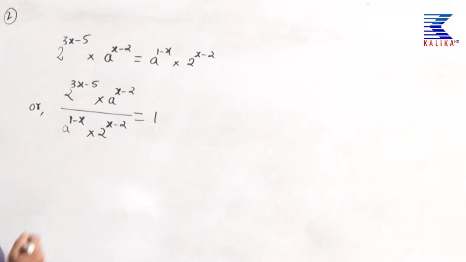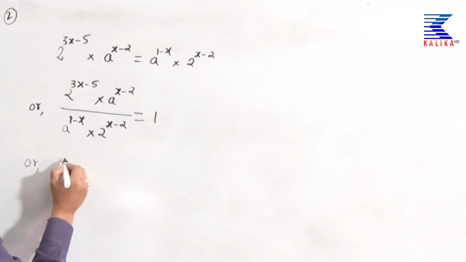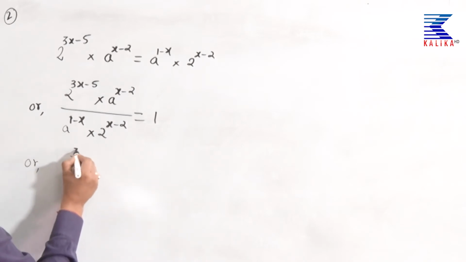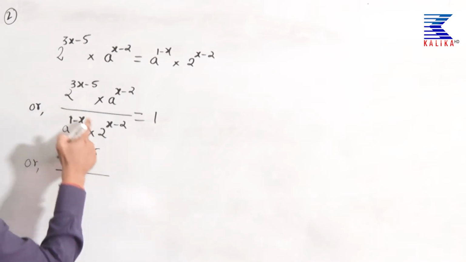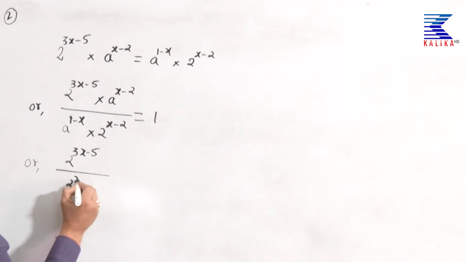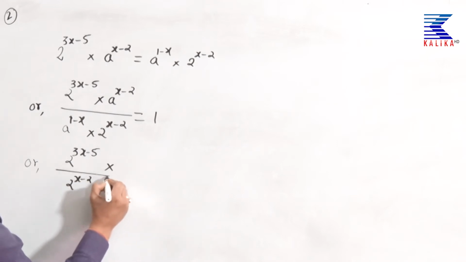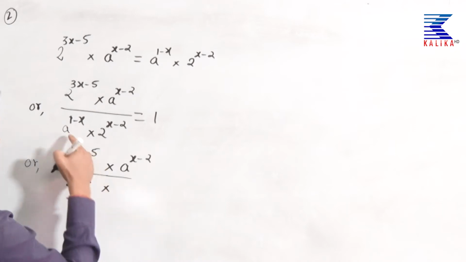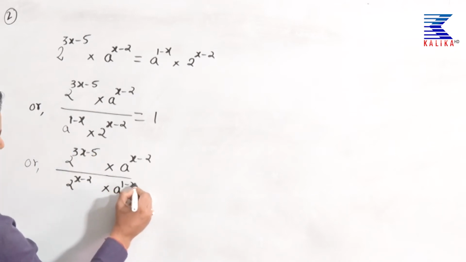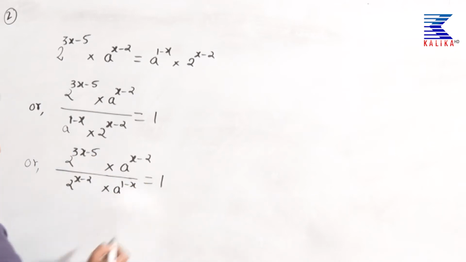So, now look, you have already learnt the laws of indices, but let me make it easier for you to understand. Let me write 2 upon 2 to the power x minus 2 into a to the power x minus 2 over into a to the power 1 minus x. I have just changed the position.